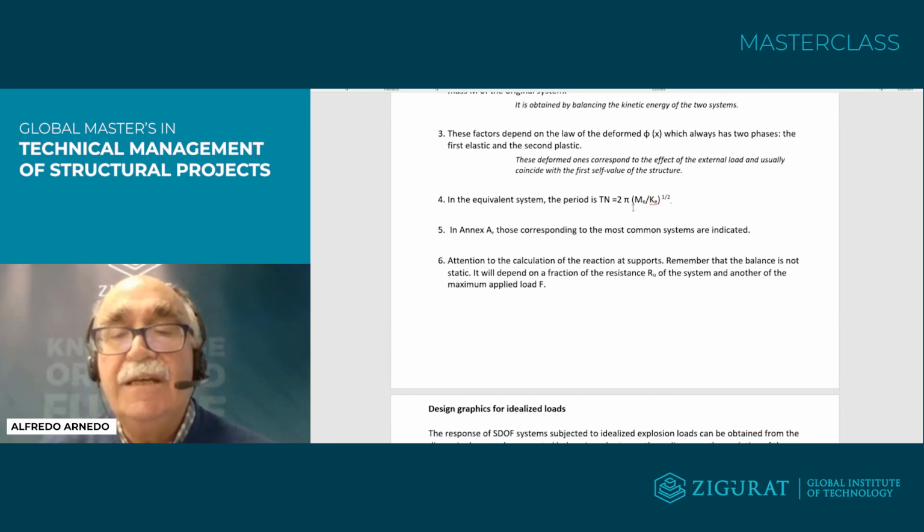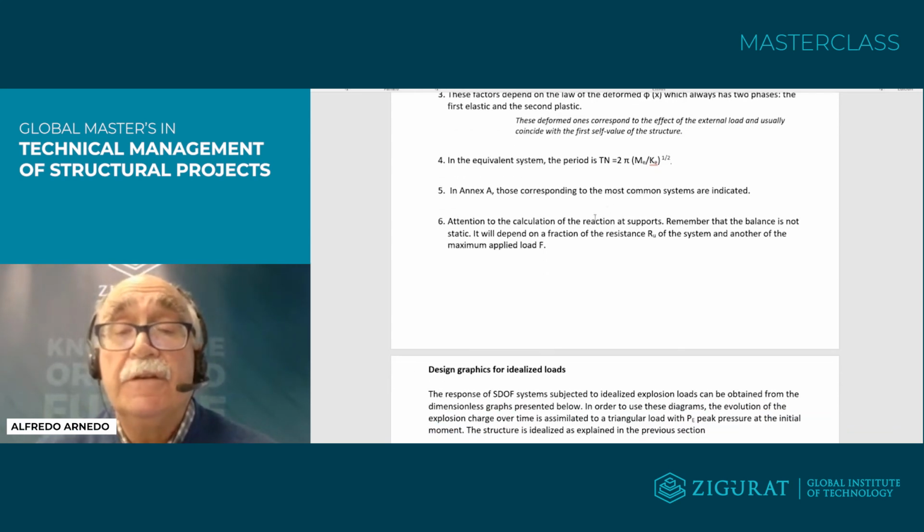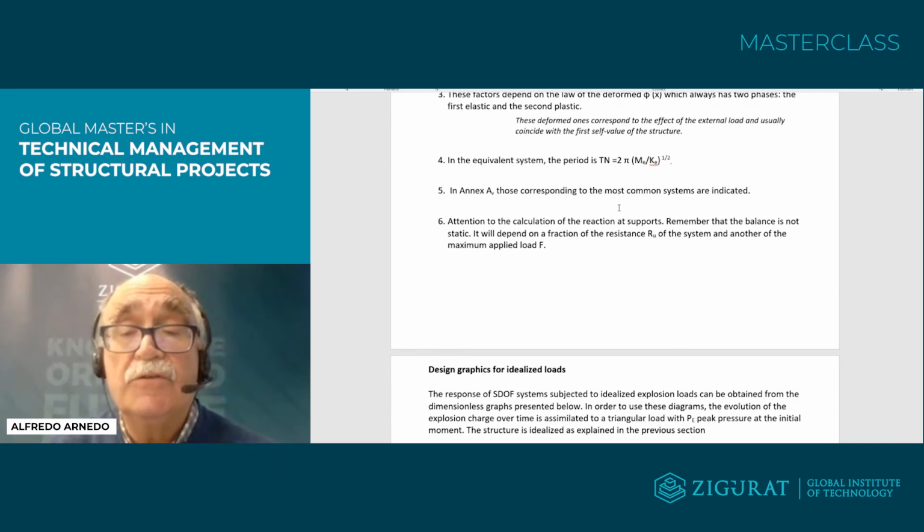Well, when you have changed the equivalent mass and the equivalent stiffness, we can calculate the period of this single degree of freedom, the period of the structure we are going to deal with. This is usually very close to the first period of the structure, but not necessarily. In Annex A, at the end of this presentation, there is a sort of abstract about the most common systems, for beams especially.